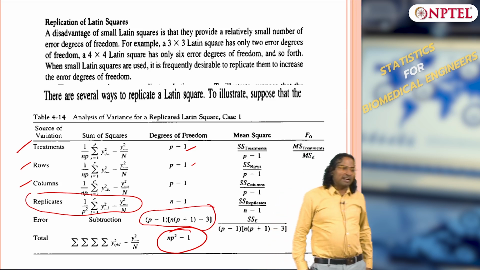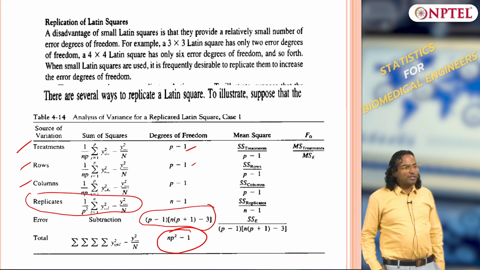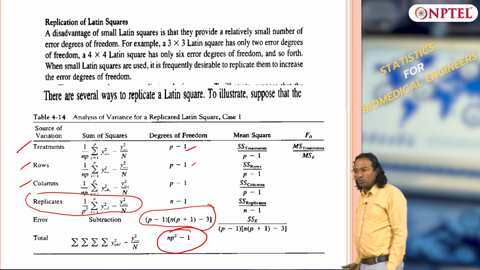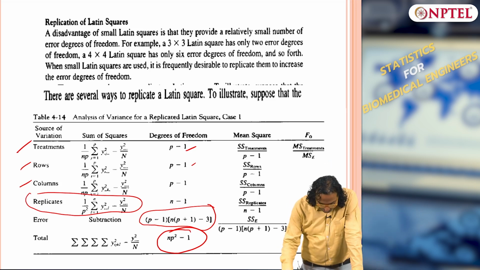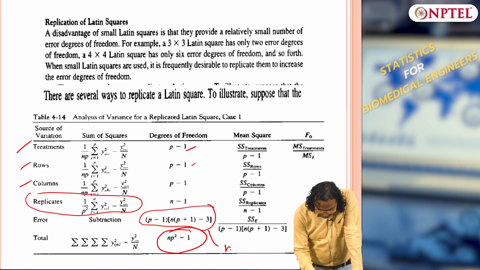And how do I get error degrees of freedom? Simple, n p squared minus 1 minus 3 (p minus 1). How did I get this? It is nothing but n p squared minus 1 minus the degrees of freedom for sum squared error.